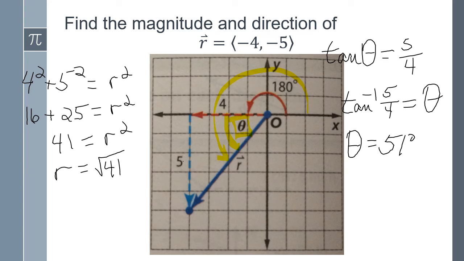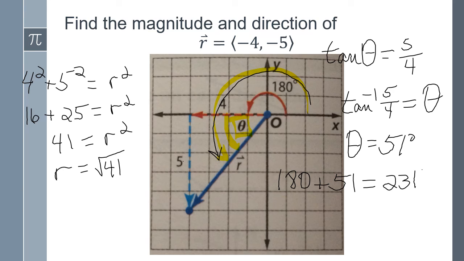So the vector's direction is going to be 180 plus 51, because we always look at that relationship there. So 180 plus 51 equals 231 degrees.